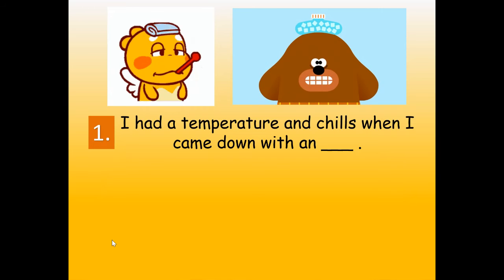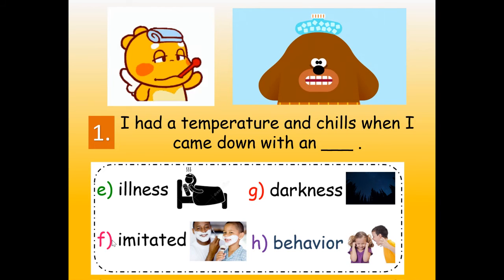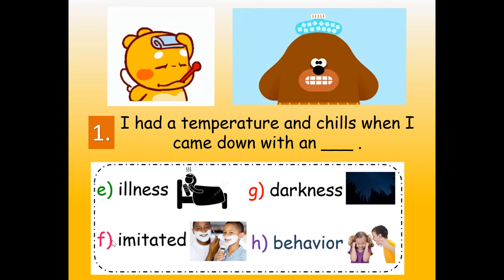Number 1, I had a temperature and chills when I came down with an blank. I had a temperature and chills when I came down with an illness, or imitated, or darkness, or a behavior.